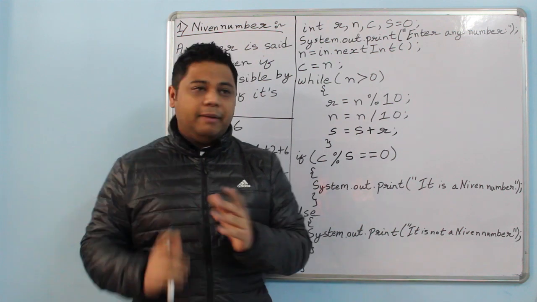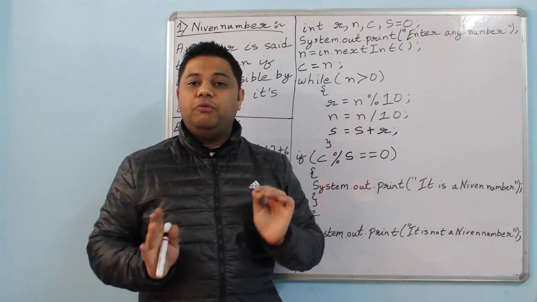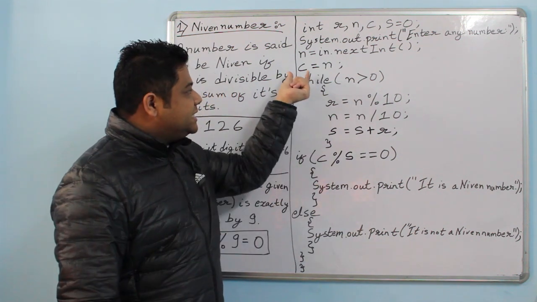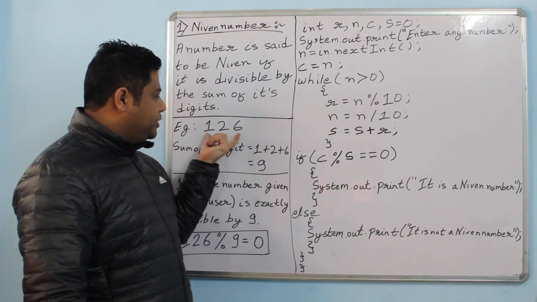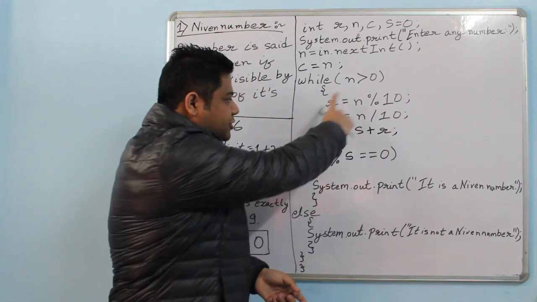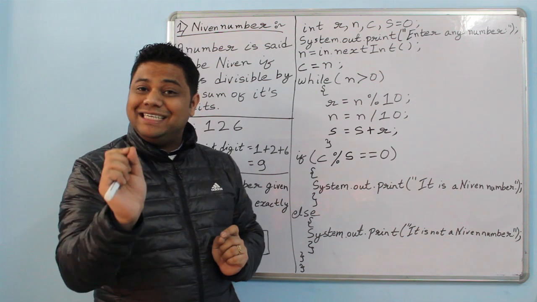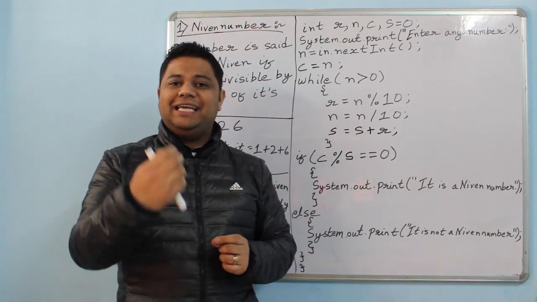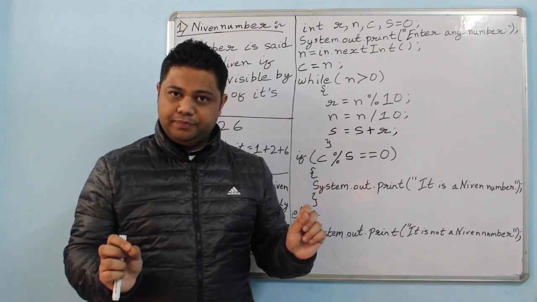But the original number n becomes 0 after this loop, so we cannot use that. Instead we create a copy: suppose the value of n is 126, the value of c will also become 126. After the loop, the value of n becomes 0, but the value of c is 126, and the variable c can be used to check whether it's exactly divisible by the sum of digits or not.